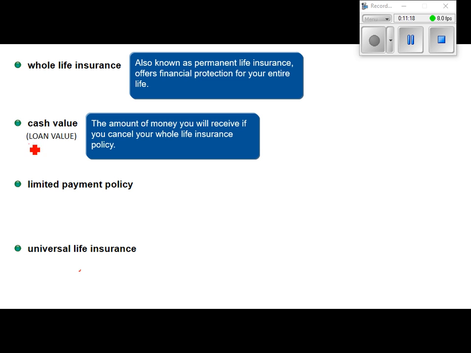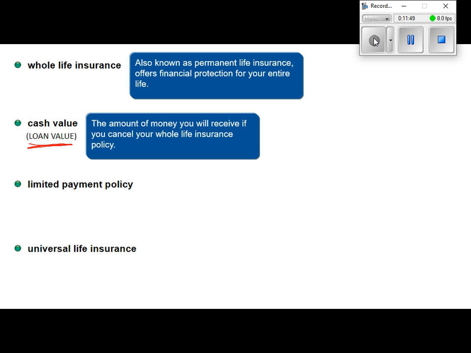You can also take a loan on these whole life insurance policies. It'd be just like taking a loan out from the bank, except for the fact that it's actually your money. So you're sort of loaning money to yourself and then paying the insurance company back with interest on that loan.